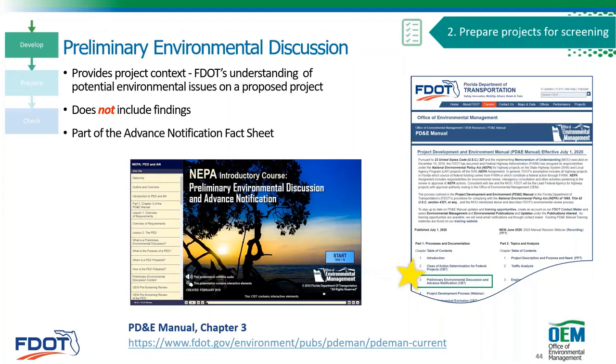But this is key, whether you're going through a planning or a programming screen. Developing the PED is very important, and it's very well received by our ETAT. We get a lot of good comments that they really appreciate having that information summarized and described for them. They're not just looking at raw GIS data, they're looking at your understanding of the project, and that they can verify or they can add to it, and that's really what we're asking for.